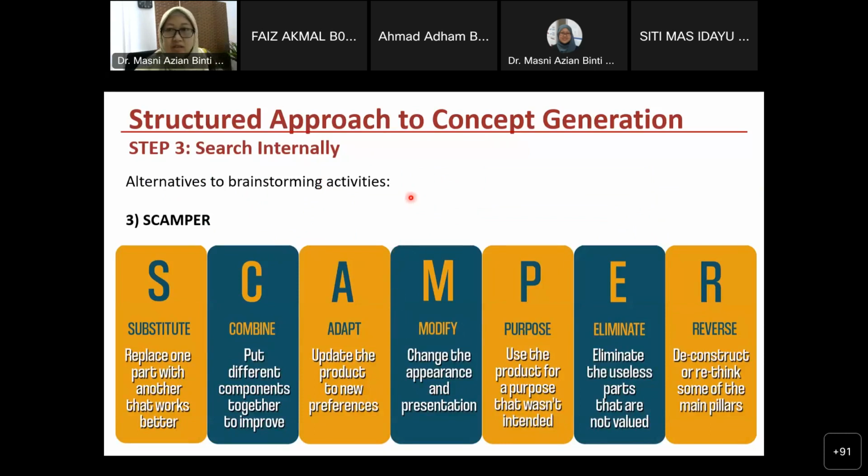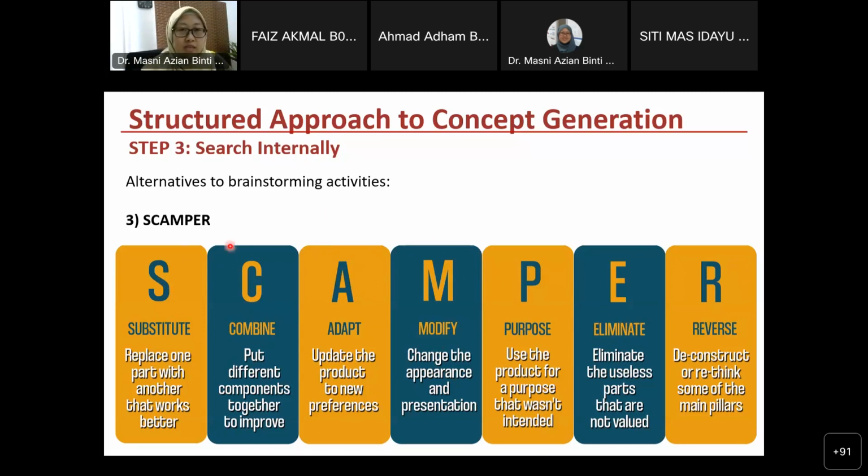Okay, can you see this one, Scamper? Yes. Okay, so another method that you can use when you are brainstorming among your team members is the Scamper method. The Scamper method is very interesting, whereby you can adopt every single item for the purpose of product improvement.